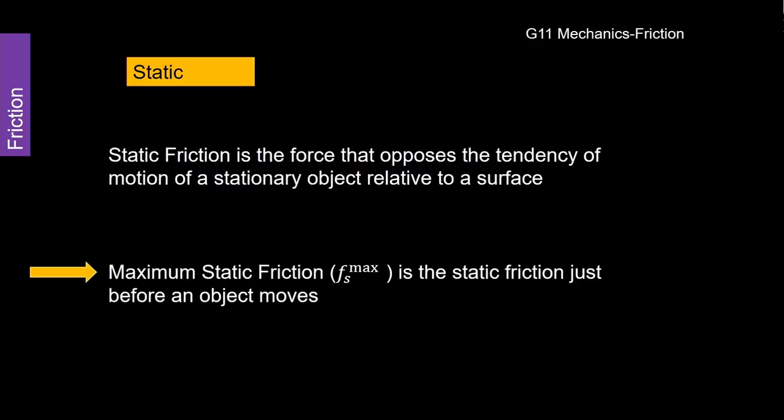So let's have a look how we can put this into words. So we've got static friction. What is it? It is the force that is stopping movement. So friction always works in the opposite direction to movement. It opposes, it goes against the tendency to move. Why only the tendency? Because this object isn't moving, but it is intending to move.